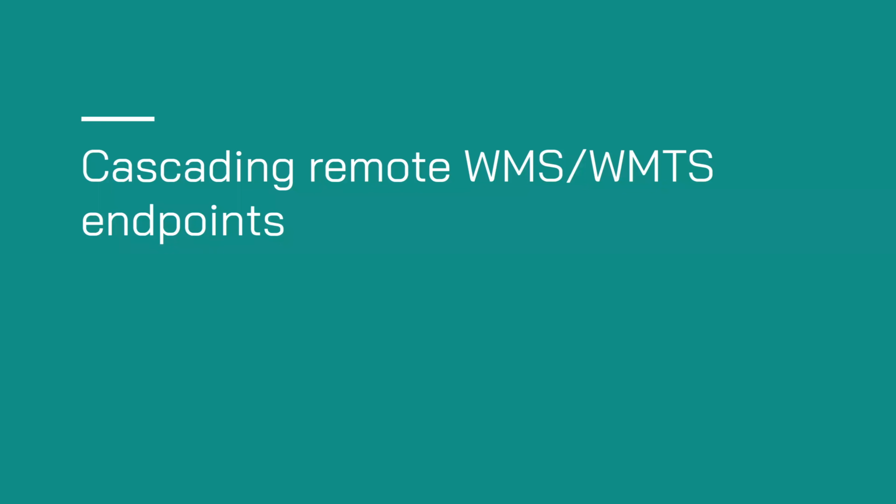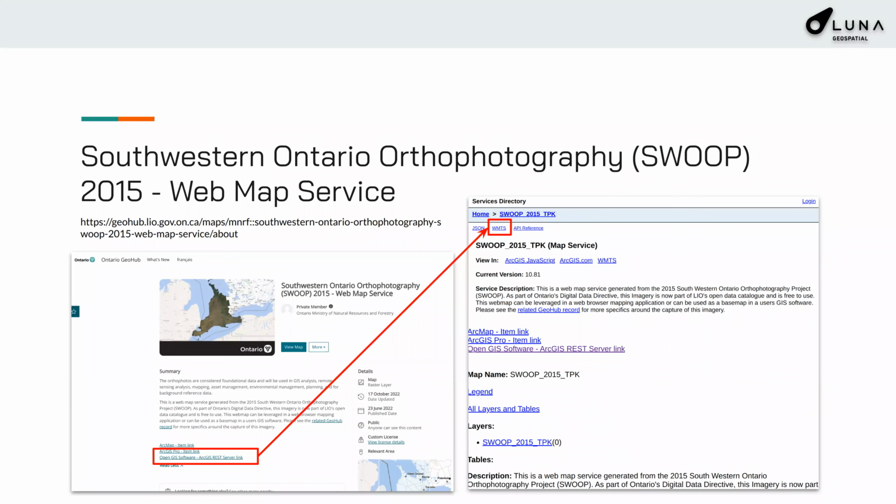Now, another nice thing that I've been doing recently is cascading WMS and WMTS endpoints through Geoserver. This is really easy, a nice thing to do, but there's a couple of gotchas that you have to be aware of. The Southwestern Ontario Orthophotography Project, nicknamed SWOOP, 2015 aerials are all available online as a WMTS server being served out through an Esri server.